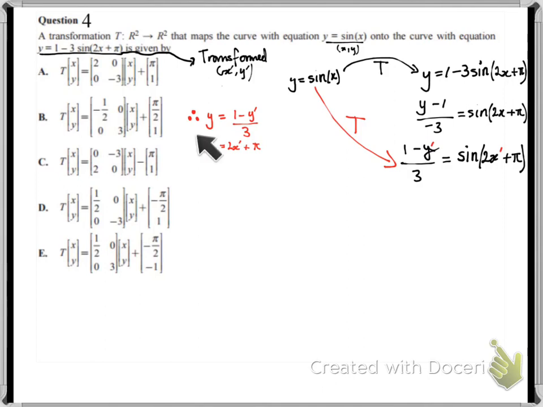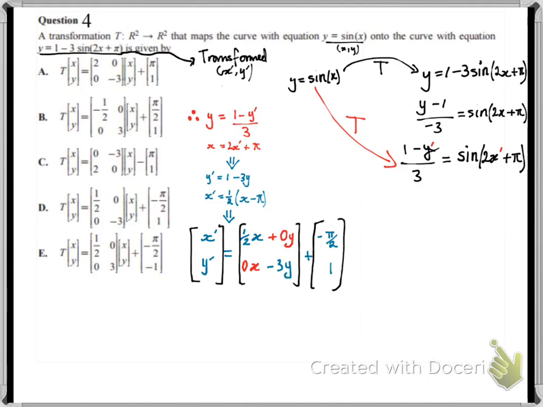We're going to now rearrange that to get it looking like a matrix equation, but the matrix equation is all in terms of the transformed x and y. So we have to transpose these to get the transformed x and y by themselves. There we go. They're now y dash, x dash are the subjects, but I'm just going to reposition it in this structure. X prime first, y prime second.